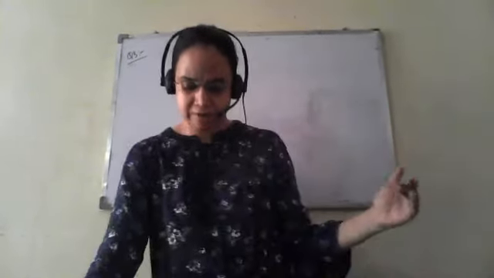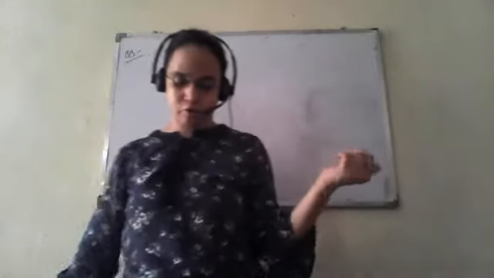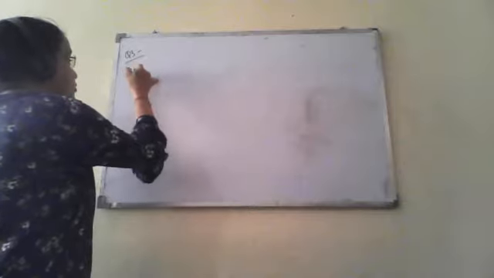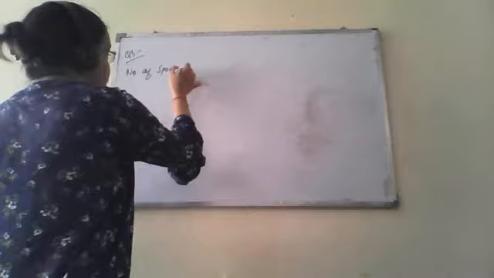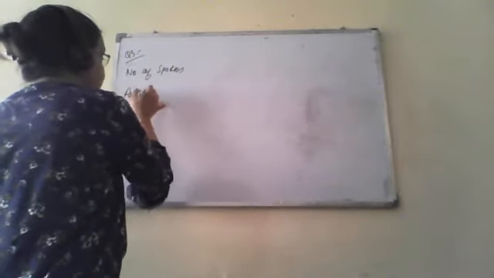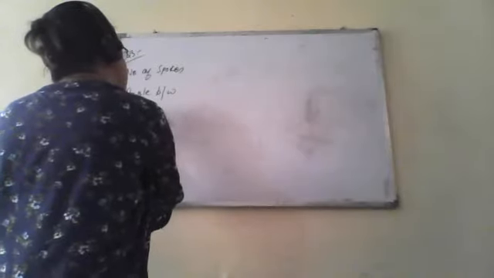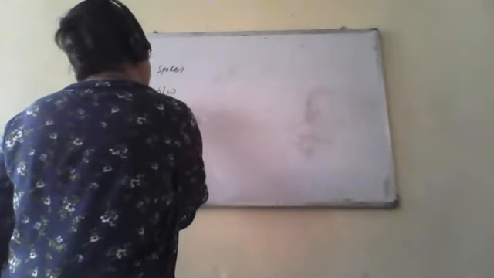So the number of spokes they have given and the angle between the pair of consecutive spokes. So these are the number of spokes and the angle between consecutive spokes.